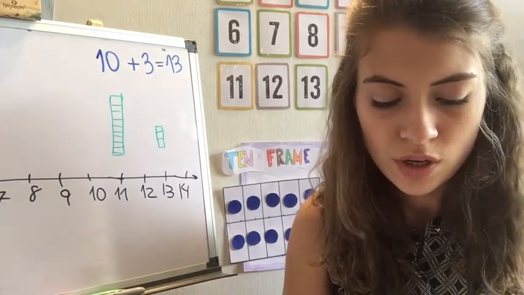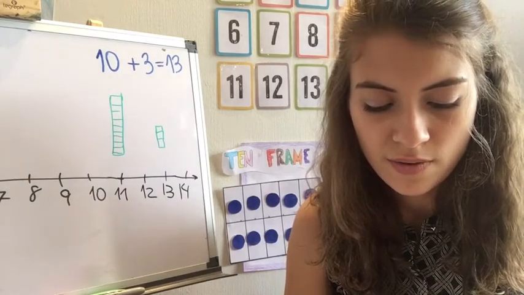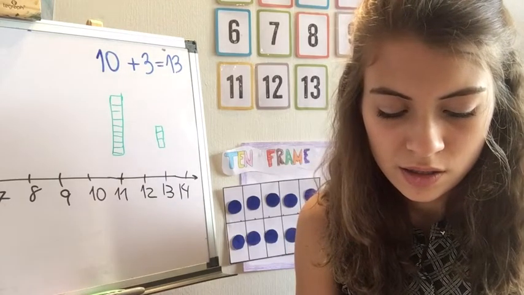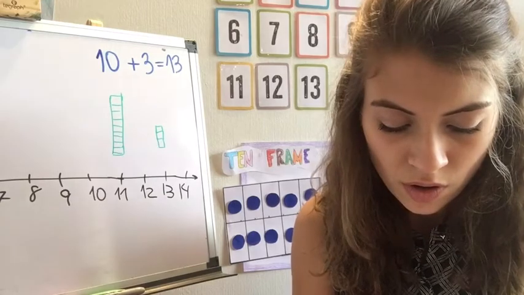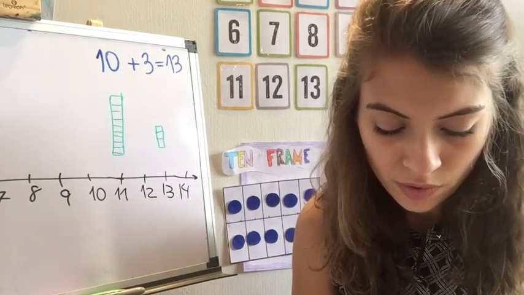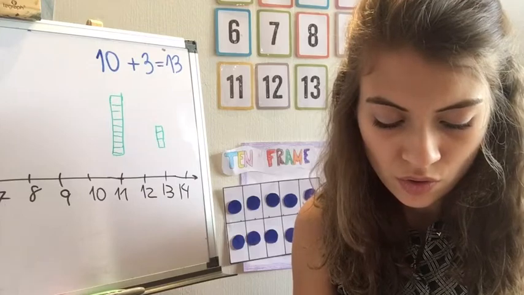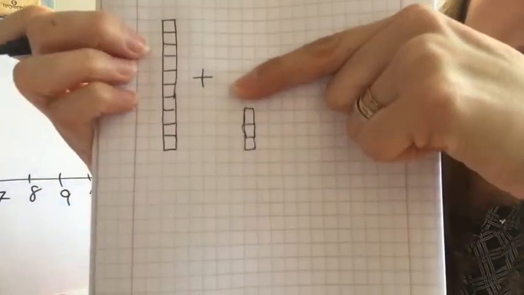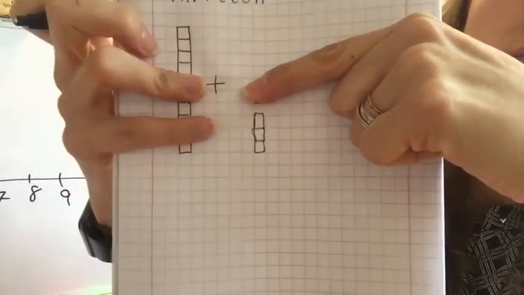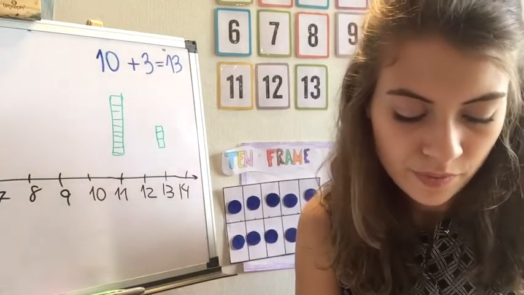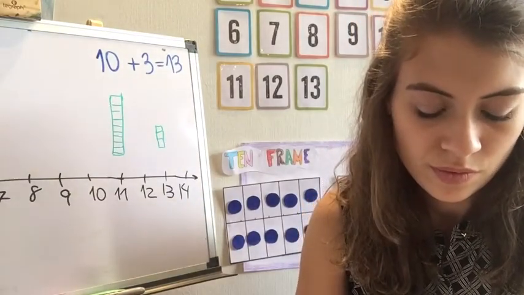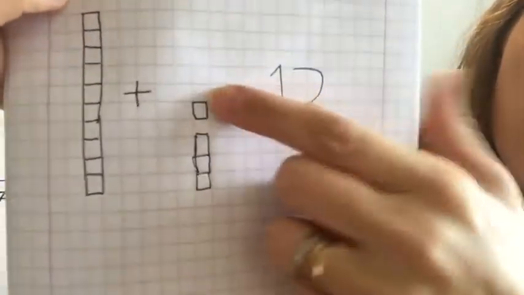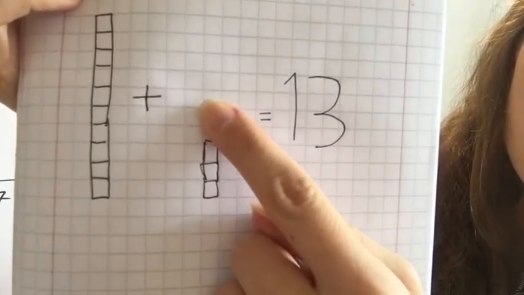One, 2, 3, 4, 5, 6, 7, 8, 9, 10, and 3. 1, 2, 3. 10 add 3 equals 13. Like this. Okay, then as I told you, forget about this one. Good.